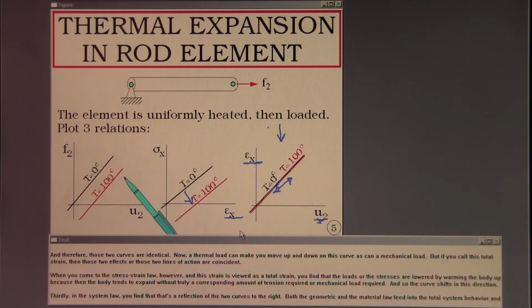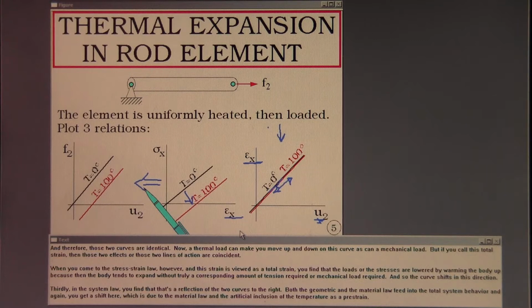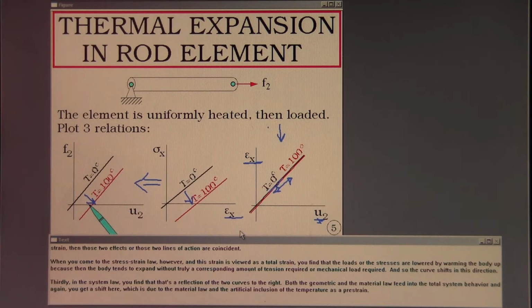Thirdly, in the system law, you find that that's a reflection of the two curves to the right. Both the geometric and the material law feed into the total system behavior, and again you get a shift here, which is due to the material law and the artificial inclusion of the temperature as a pre-strain.